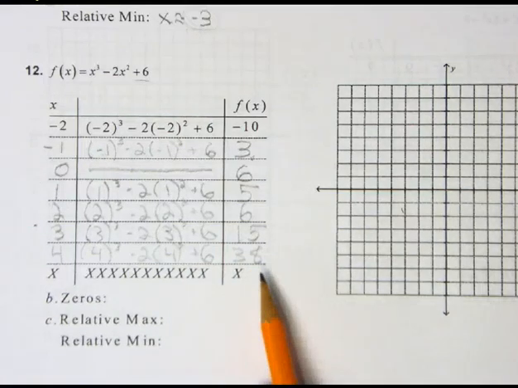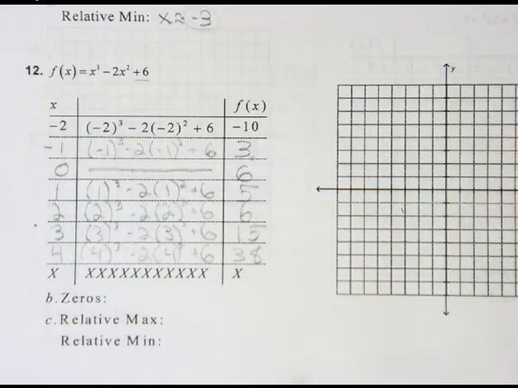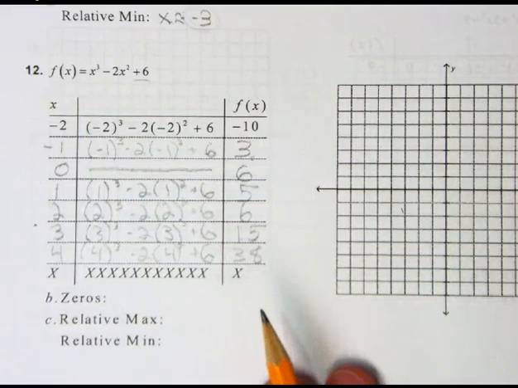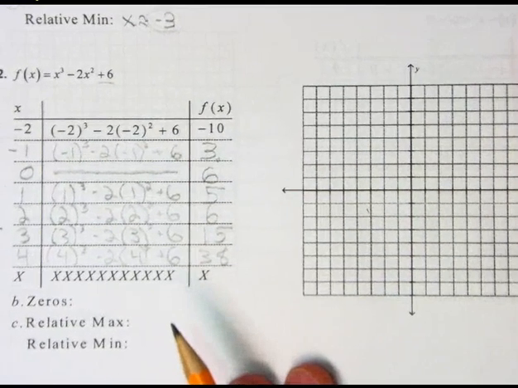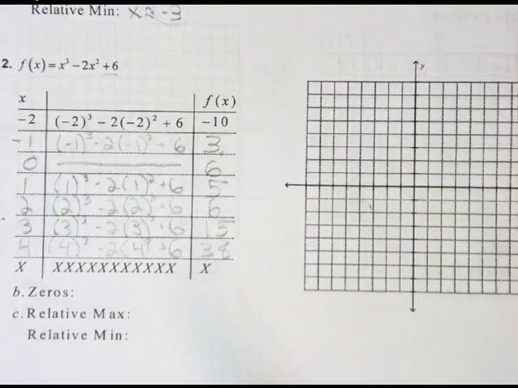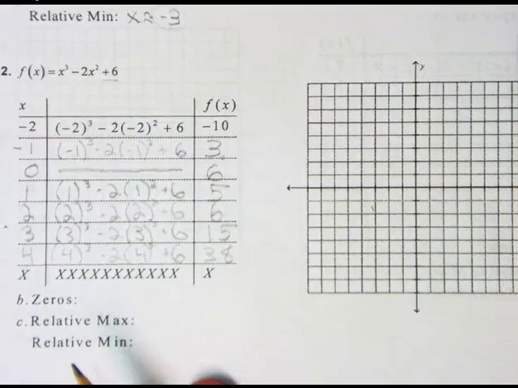And once you see it really getting high or really low, that's how you kind of know to stop. All right. We all up to that point? Alright, good. Let's go ahead and graph it.